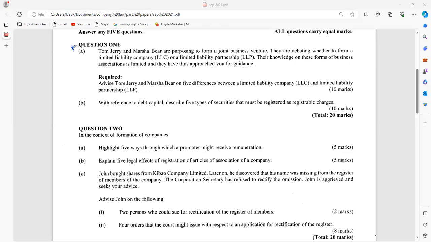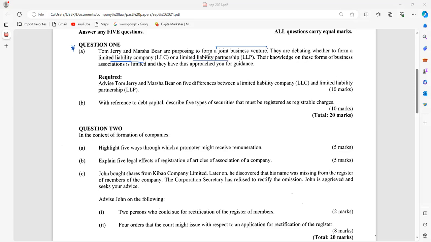You have this one. What are we told? You have Tom and Masha. So this one is actually from topic 1, right? They are proposing to form a joint business venture, and they are debating whether to form a limited liability company or a limited liability partnership.